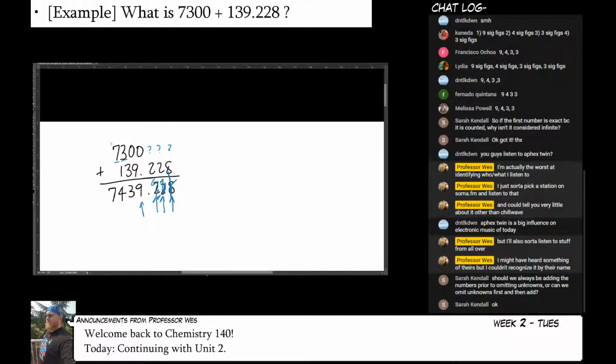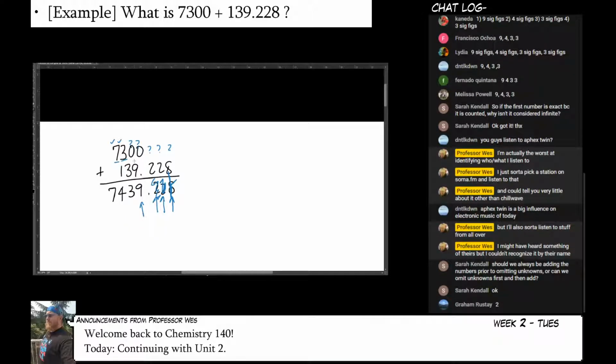This 7 and this 3 are known, but these zeros are placeholders, which mean that they could be any number. And if they're any number, they're question marks, and so I don't get to keep this digit because this has a question mark. I don't get to keep this digit either. It has a question mark. So I have been moved all the way down to this position, the hundreds place, based on this value.